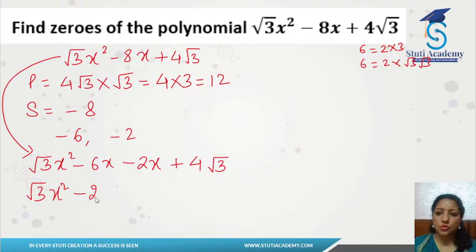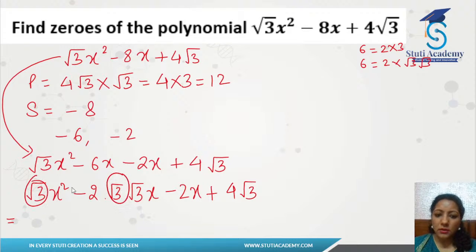So I'll write it as 2 into root 3 into root 3 x, and this I'm writing as it is, minus 2x plus 4 root 3. Now please notice here, we have root 3 common and we have one of the x common. Here we have x square, we have 2x here, but then we have only 1 here. So we'll take root 3x here, and then we have x minus 2 root 3.